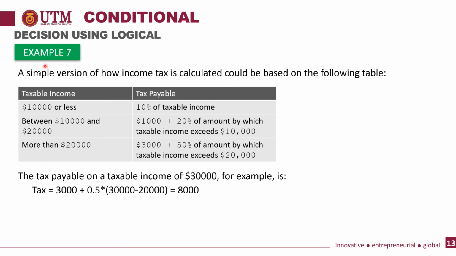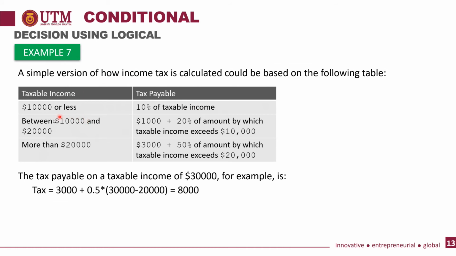Example 7. A simple version on how to calculate the income tax could be based on the following table. This example is used to show you how to calculate the income tax. If your income is $10,000 or less, your payable tax is 10% of your taxable income.